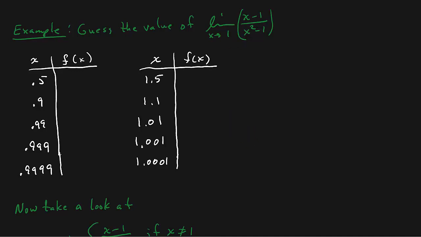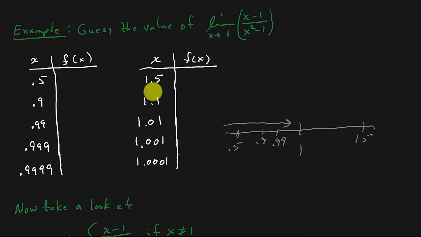Basically we're approaching 1, and you can see we're getting closer and closer to 1 from the left-hand side. See how we start out at 0.5, then 0.9, then 0.99, and so on.